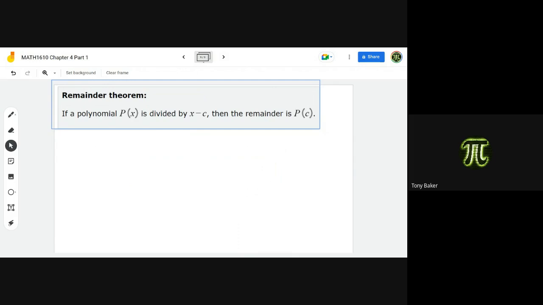The remainder theorem states if I divide by a factor or a term, whatever the remainder is, is the same answer I would get if I plugged that number in for the problem.